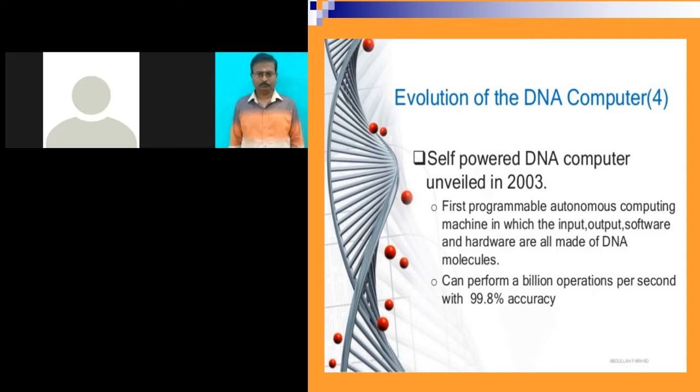This DNA computer can perform 1 billion operations per second. Note down this point. This is the astonishing advantage of a DNA computer. A billion operations in 1 second. That much speed is there for a DNA computer. Even a conventional computer, even a supercomputer cannot do the work at that speed.